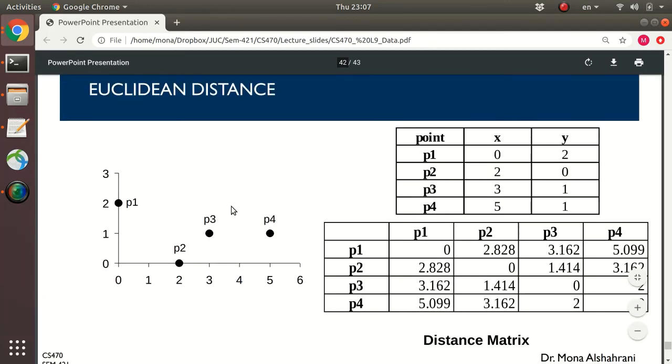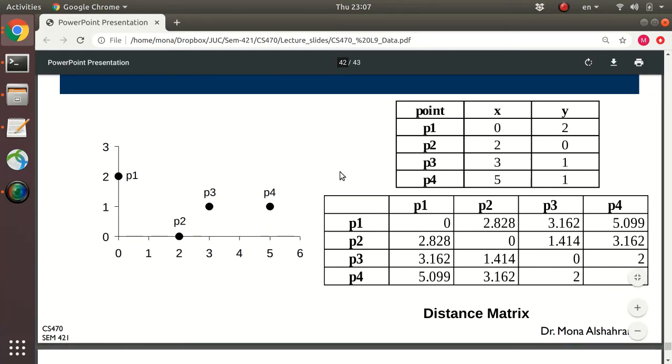So this is an example. Let's say that we have these points. Here we have 4 points represented in the 2D space. So the distance matrix in this case is an n by n matrix, where n is the number of points. The diagonal represents the distance between the data object and itself, and it will always be 0. Not the similarity, sorry, the distance.